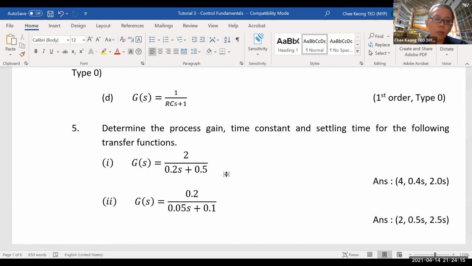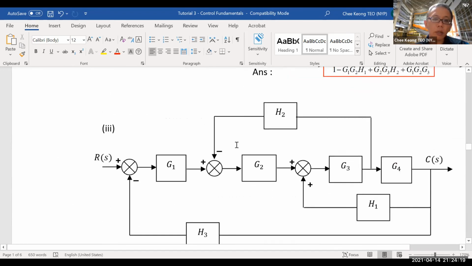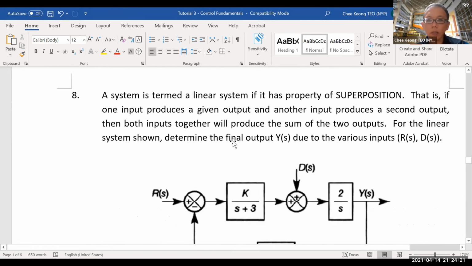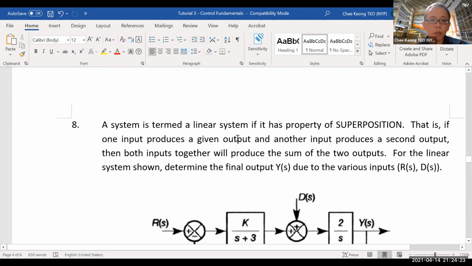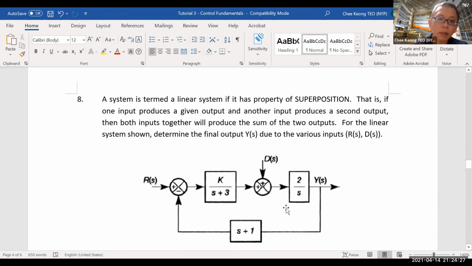Now the last one that we're going to do is question 8, which deals with superposition. If you recall what I covered in the lecture, the output is affected because this is a linear system, and a linear system obeys the superposition theorem.